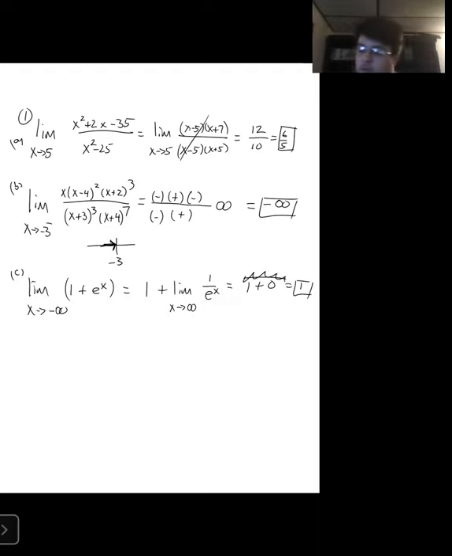Now, so that's one way you could do it. Another way is with graph transformations, because we know the graph of e to the x looks like this, with horizontal asymptote at 0. So in particular, limit as x goes to -infinity of e to the x is 0. But that's not this function. This function is that lifted up 1 unit, which will look like that, with horizontal asymptote now of y equals 1.